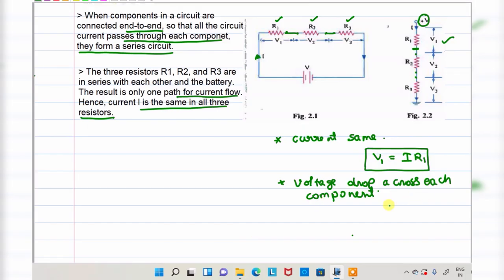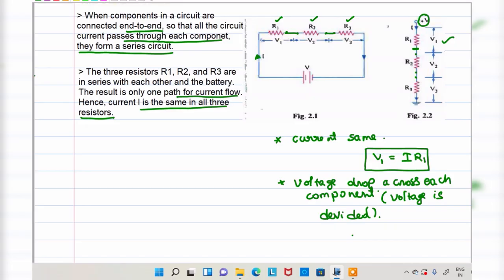So the voltage drop across each component is different. That means voltage is divided. So finally, the conclusion: voltage is divided. Everyone note down these points, very important from the examination point of view. Clear?